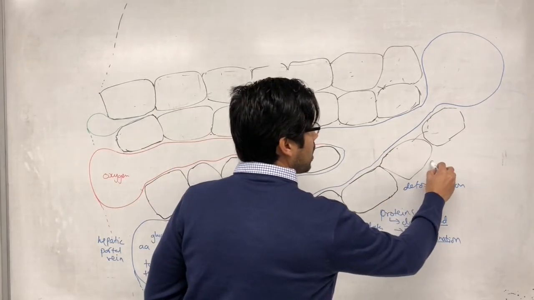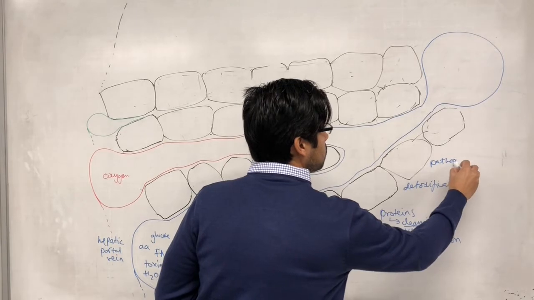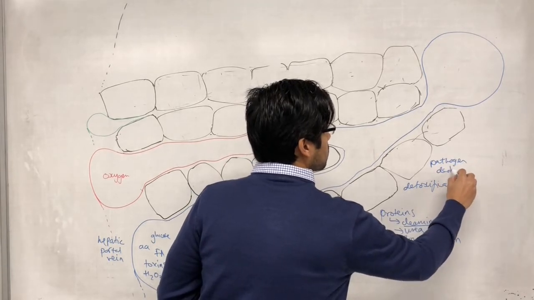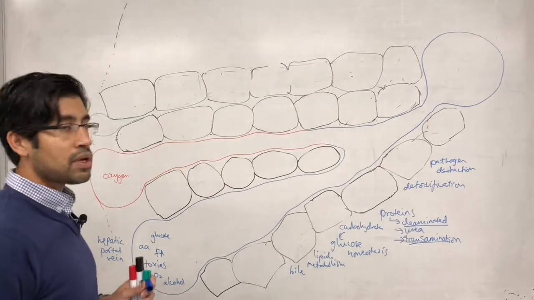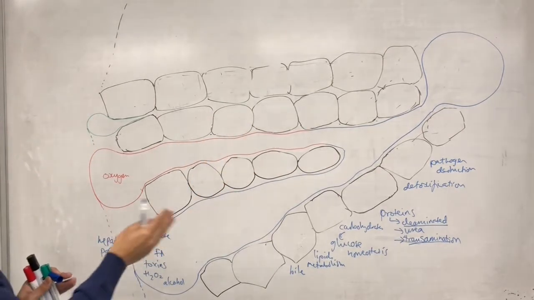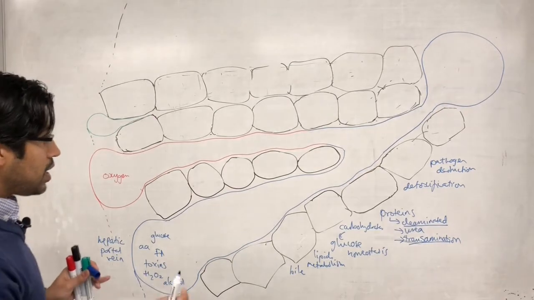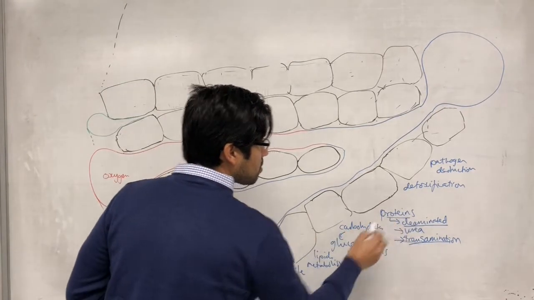So we also had pathogen destruction. So we need to see how this microscopic structure is able to do all of those things. Okay, let's begin then. Let's begin with proteins.